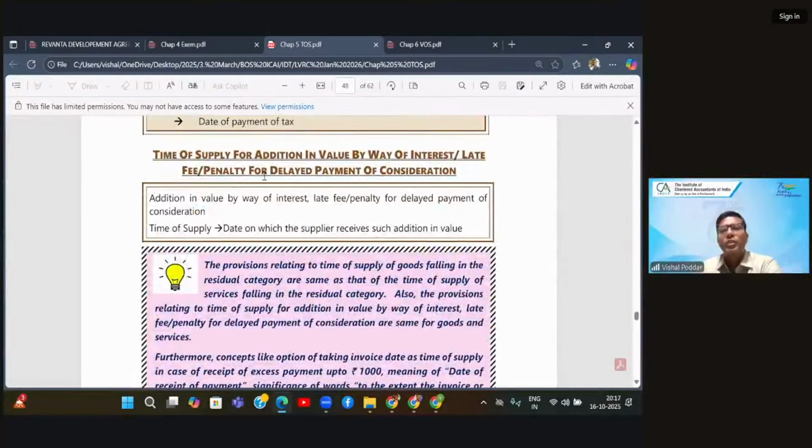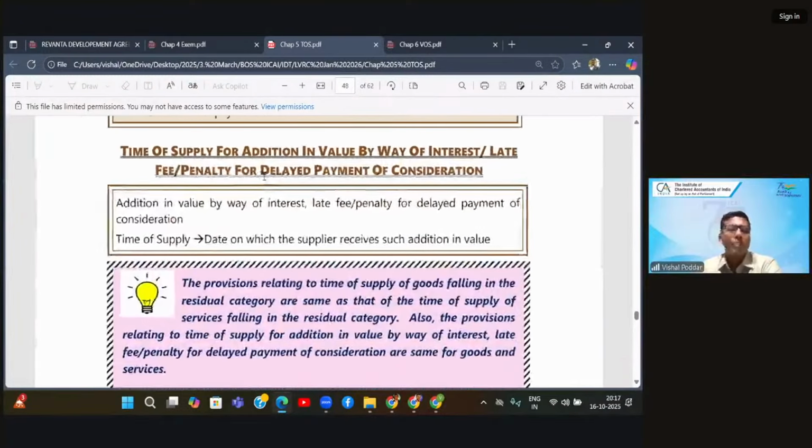And then the last provision in time of supply is where there is any addition in value, by way of interest, late fees, etc. We'll be studying value of supply after this. In value of supply, you'll find that if somebody makes late payment for the consideration, and along with the late payment the person has to pay interest or penalty, that interest or penalty is not exempt under GST.